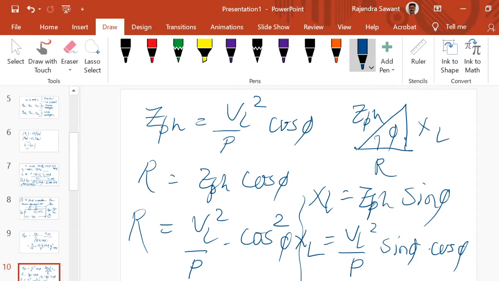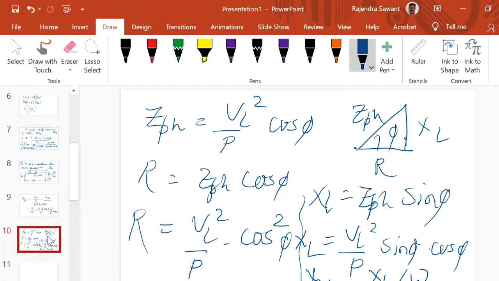Once we know XL, one can find L as XL upon omega. Omega is twice pi F. F is 50 Hertz, so omega is 100 pi. XL divided by 314.159 is nothing but the inductance in Henry. After calculating this, we can go to the SQL simulation.